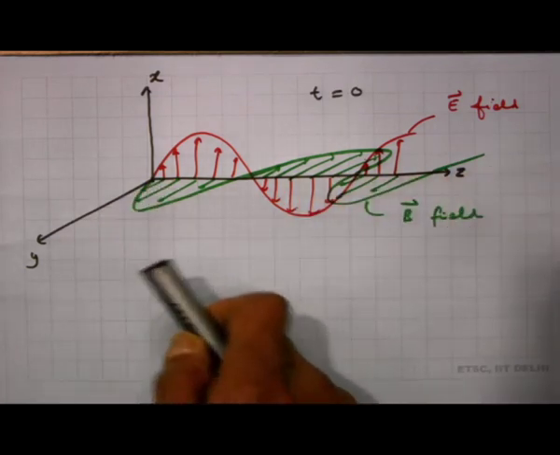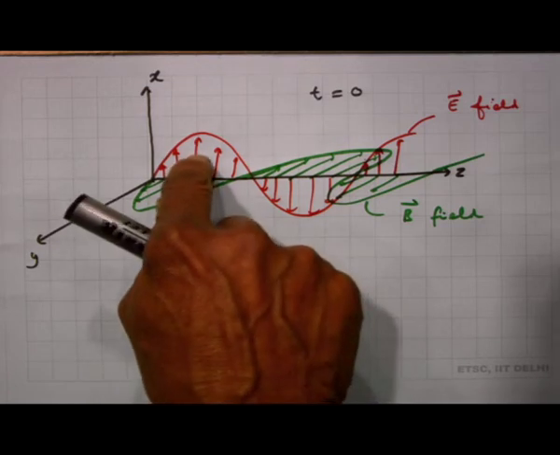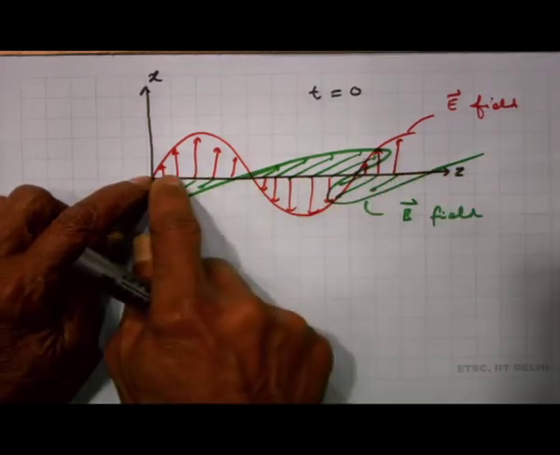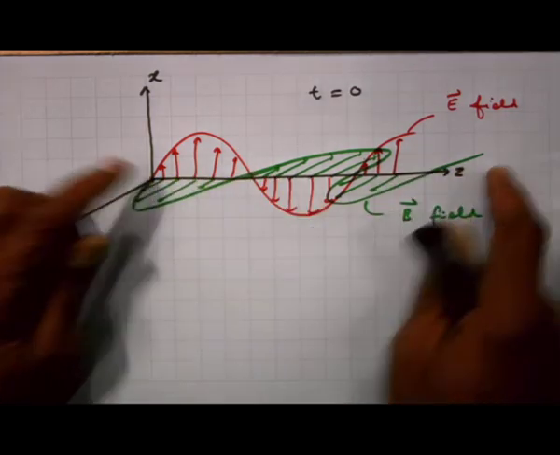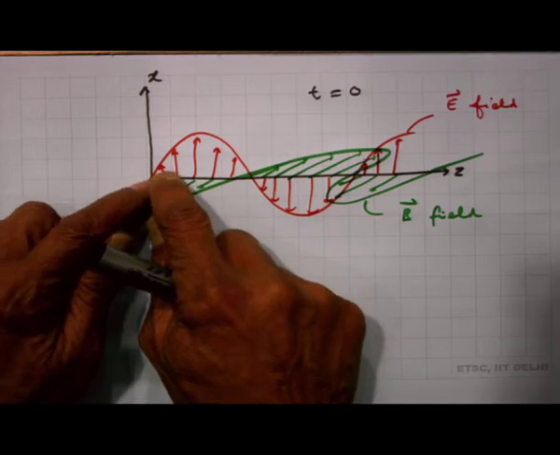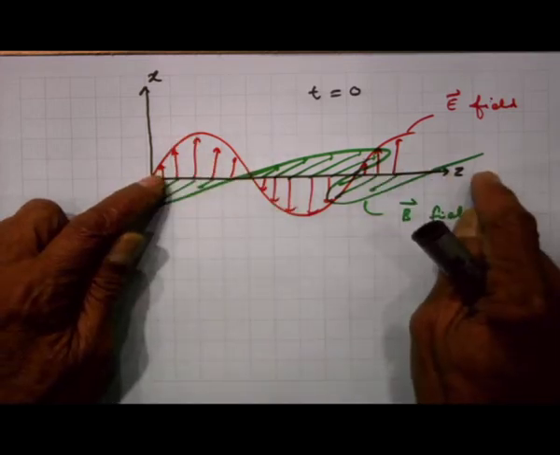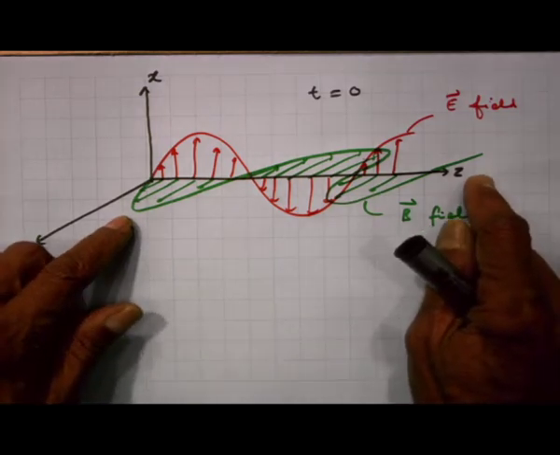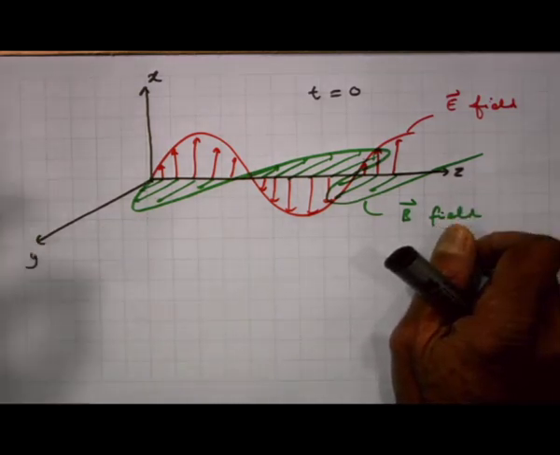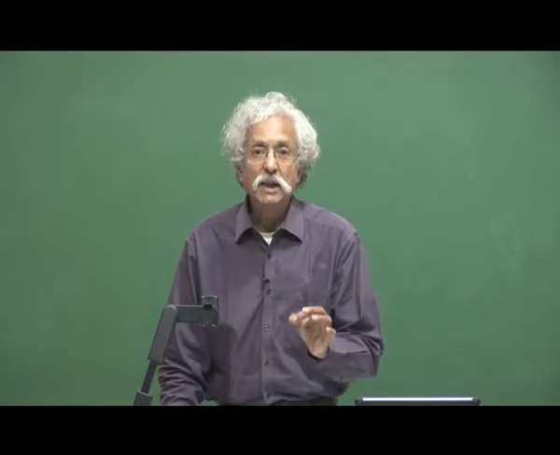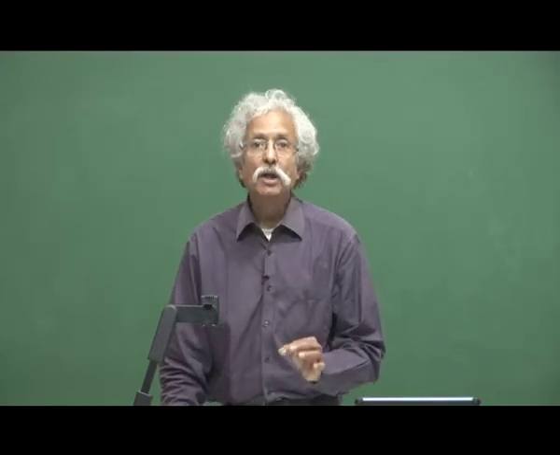The first thing is that the wave is propagating along the z direction, we will discuss that, and the electric field is perpendicular to the propagation direction, the magnetic field is perpendicular to the propagation direction. So, the wave is a transverse electromagnetic wave. It is a transverse wave because electric fields and magnetic fields are perpendicular to the propagation direction.